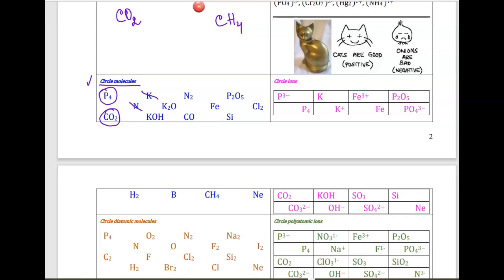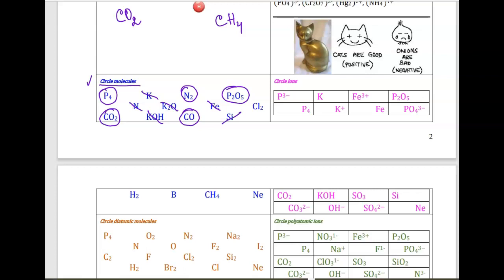KOH, potassium hydroxide, it's not a molecule anyway because of the metal. K2O, potassium oxide, it's not a molecule too because of the metal. N2, yes, it's nitrogen gas. CO, yes, it's carbon monoxide. Iron, it's metal, it's not a molecule. P2O5, yes, it's diphosphorus pentoxide. It's molecular because it has two non-metals there.